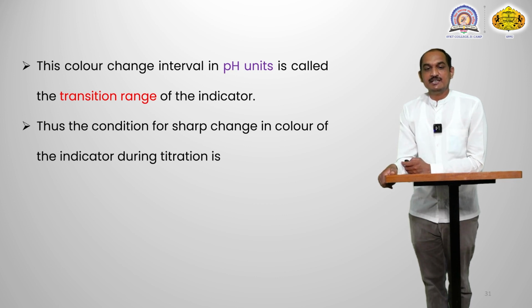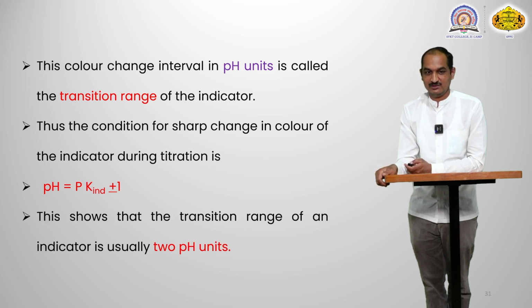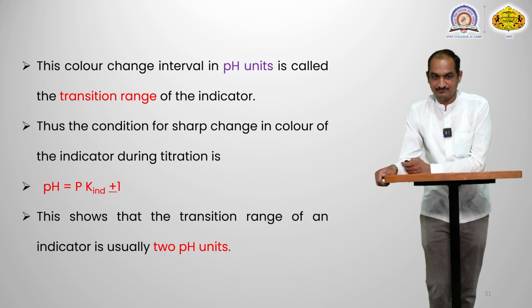Thus, what is the condition for a sharp change in color of the indicator during the titration? The pH is equal to pK indicator plus minus 1. This is the most important equation.